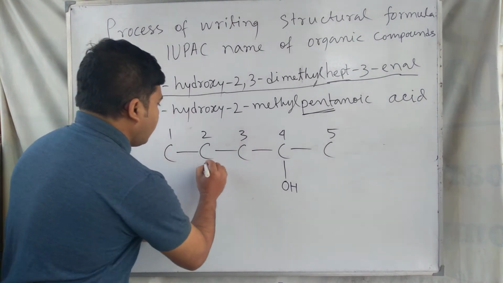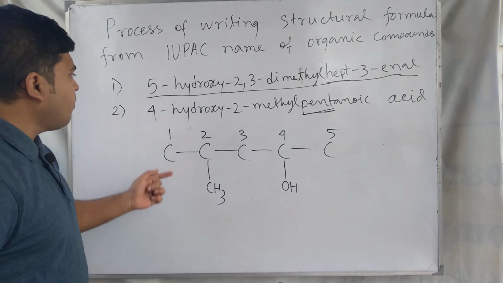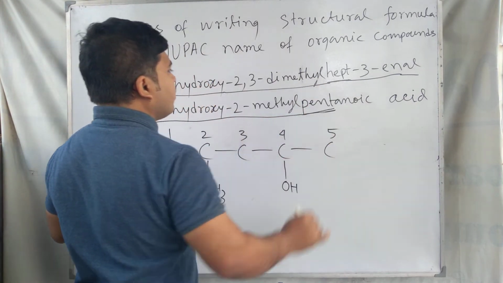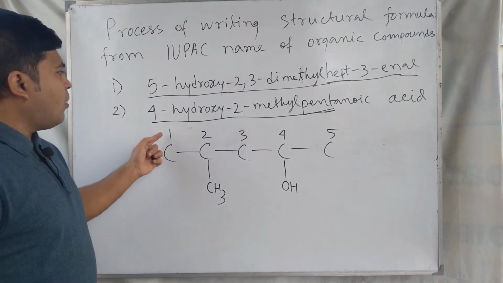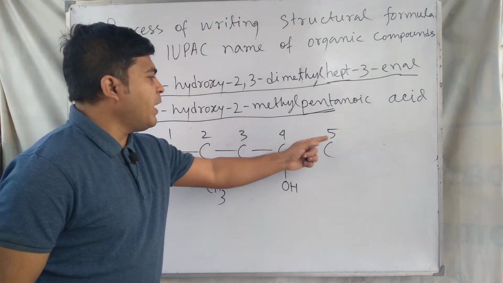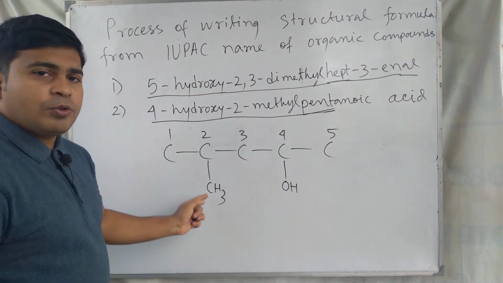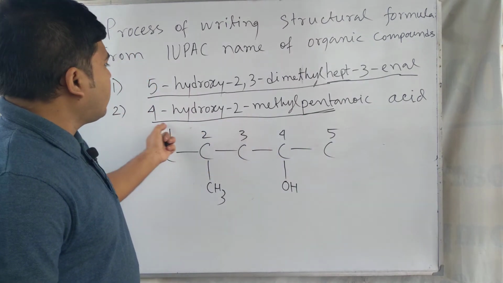Next is 2-methyl, and at this 2 position we fill 1 methyl, so we are writing 4-hydroxy 2-methyl pent. Up to here we are making the structure of 4-hydroxy 2-methyl pent. At first we are writing pent 5 carbons, then we are writing 2-methyl, means this one, then 4-hydroxy. Okay, up to here we are completed.